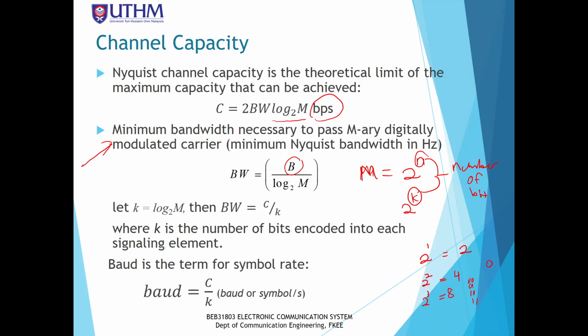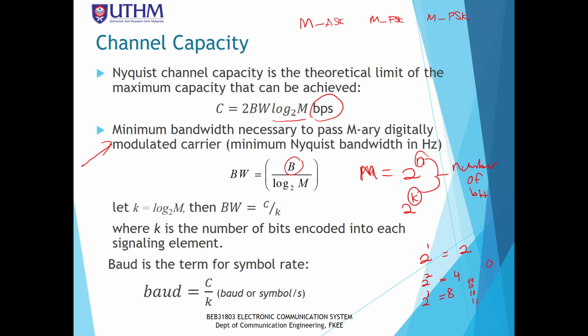So in digital, you see that we have ASK, FSK, and PSK. These are the types of digital modulation. Each of these digital modulation techniques has different levels of symbols.